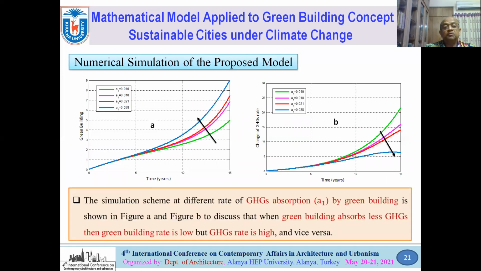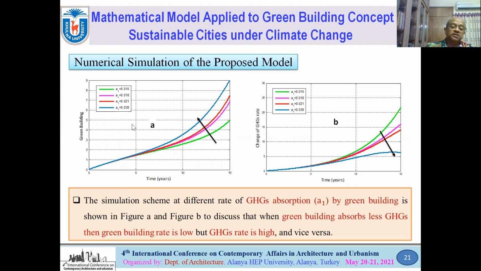Now from this figure it will be more clear how it affects reducing the greenhouse gases or reducing the global temperature from the green buildings. You can see from the simulation in figure A that for greenhouse gas absorption by green building, when green building absorbs less greenhouse gases, then the green building rate is very low and greenhouse gases are very high, and it is vice versa, because when the absorption rate is higher or green building is higher, it depends on the green building.